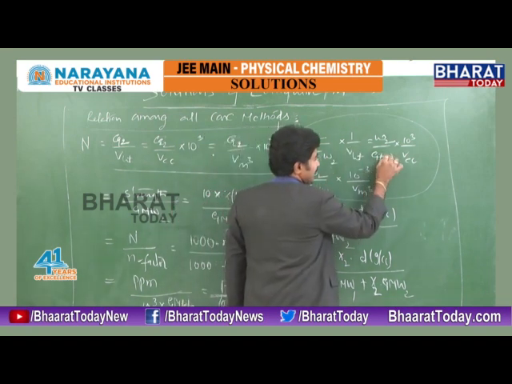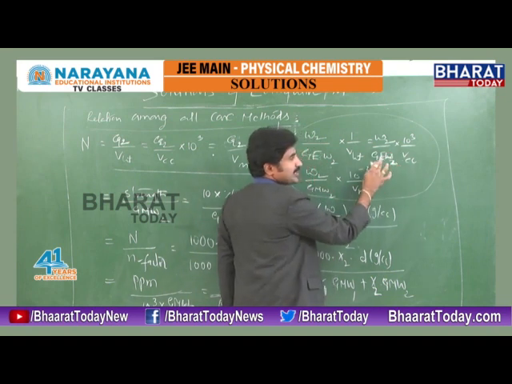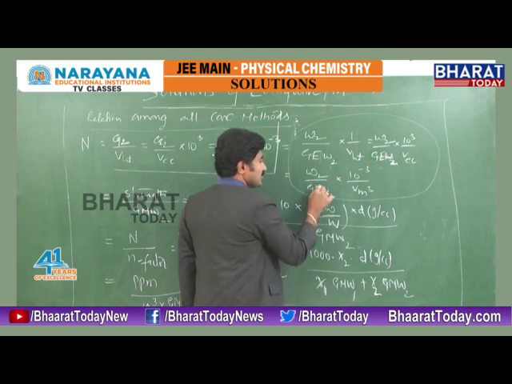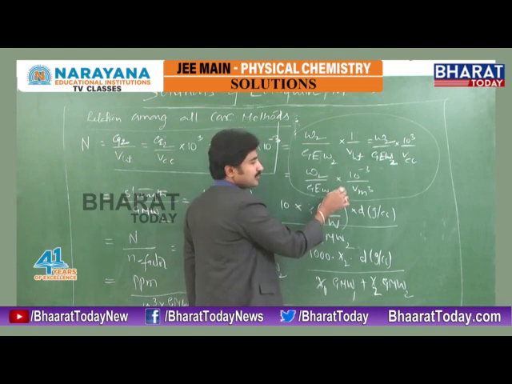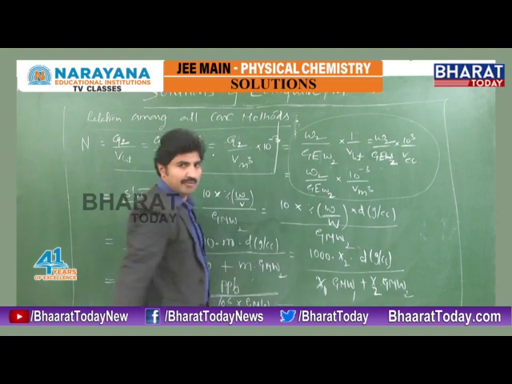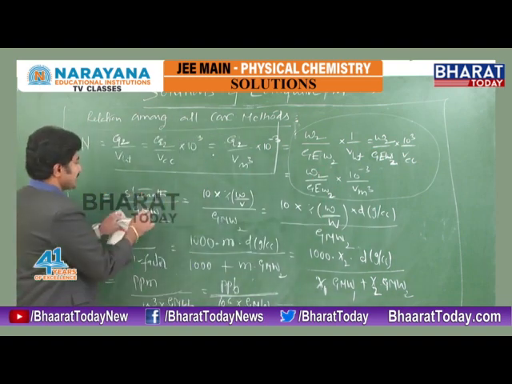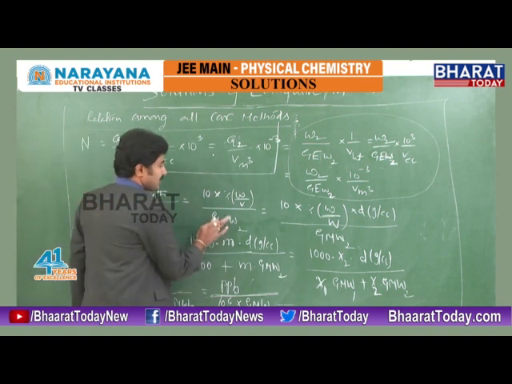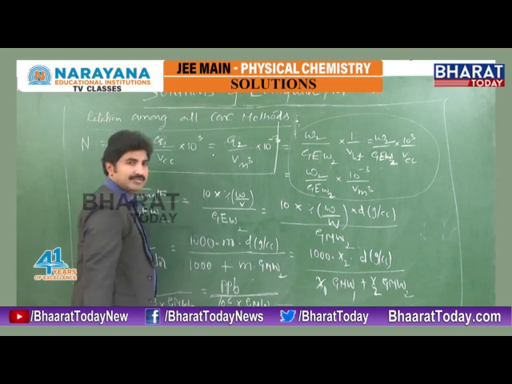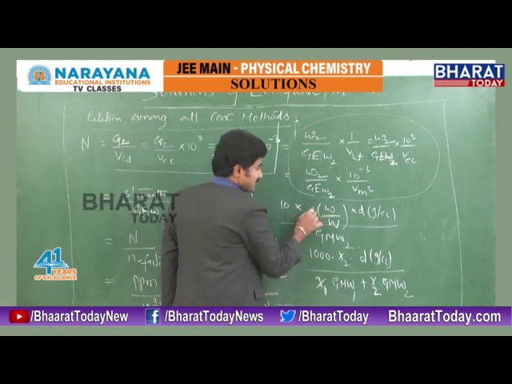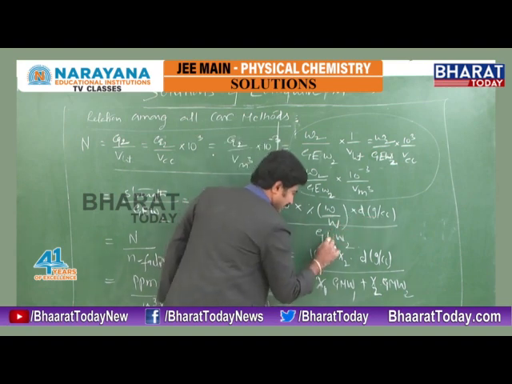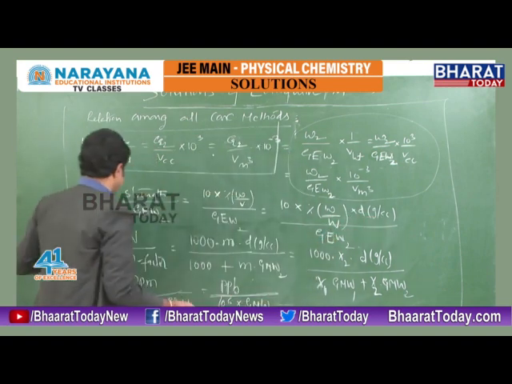Or weight of the solute by gram equivalent weight of the solute into 1000 by volume in cc, or weight of the solute by gram equivalent weight of the solute into 10 power minus 3 by volume in cubic meter, or strength by gram equivalent weight of the solute, or 10 times percentage weight by volume by gram equivalent weight of the solute, or 10 times percentage weight by weight into density of the solution in gram per cc by gram equivalent weight of the solute.